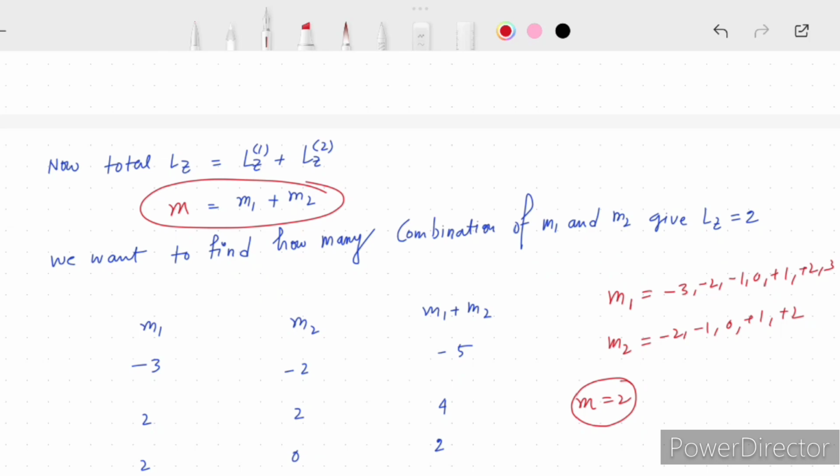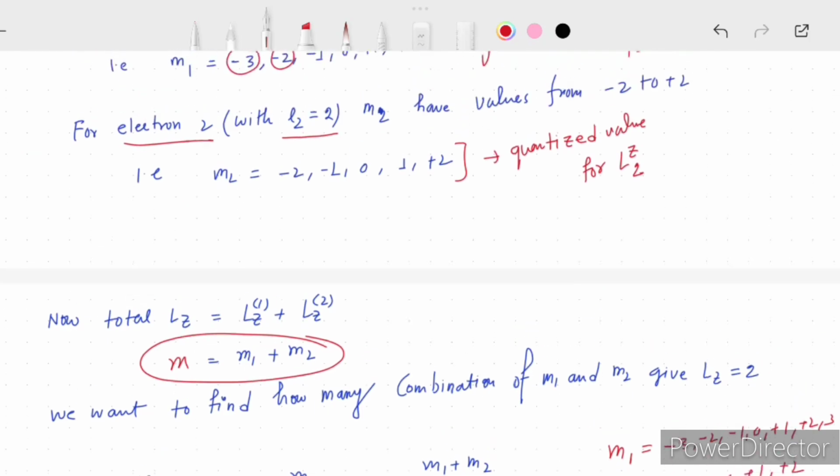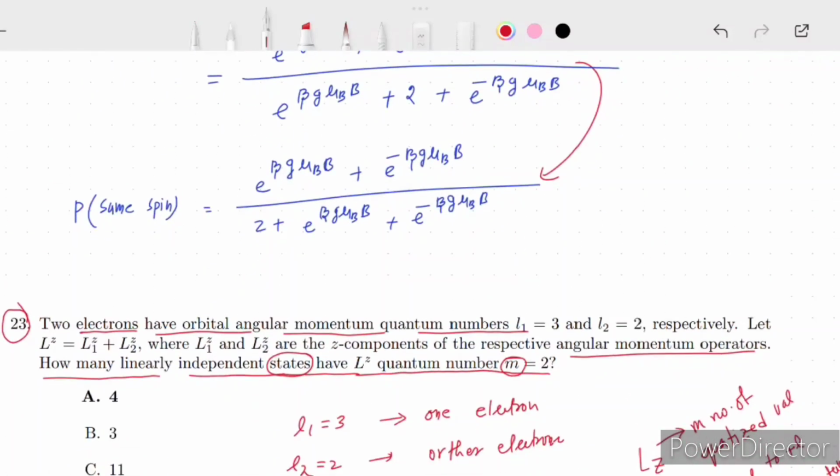This is the question actually: how many linearly independent states have M equal to M1 plus M2 with value 2?